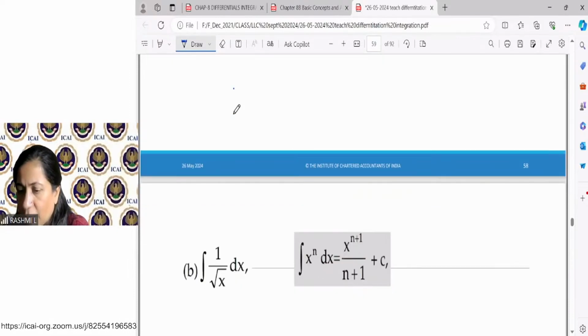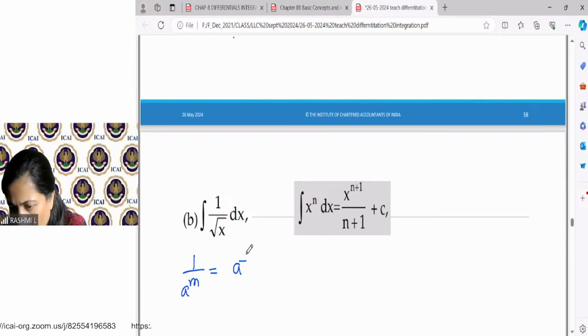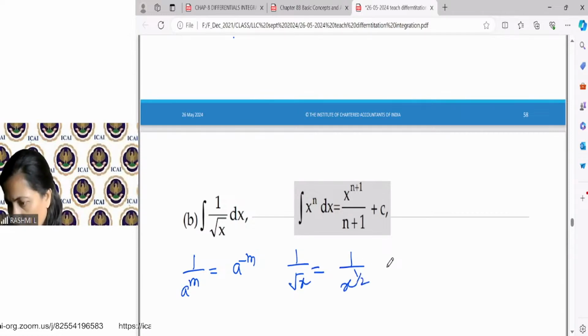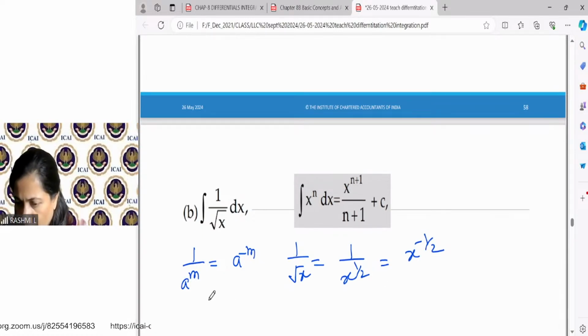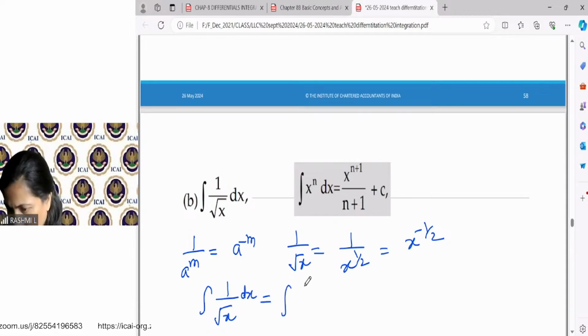What will happen if the x is in the denominator? Now I know that 1 upon a raised to m is equal to a raised to minus m. So 1 upon square root of x can be written as 1 upon x raised to half, which is equal to x raised to minus half. So I will have integral of 1 upon square root of x dx is equal to integral of x raised to minus half dx.